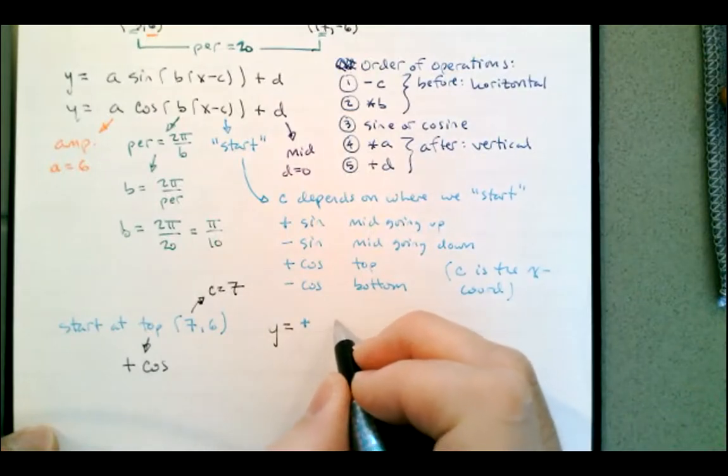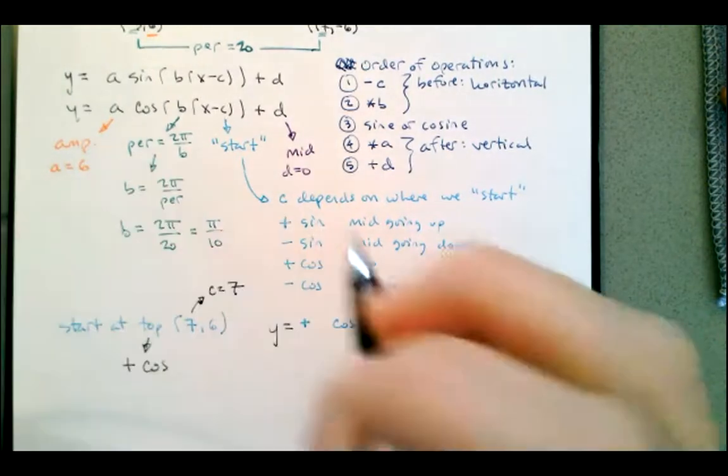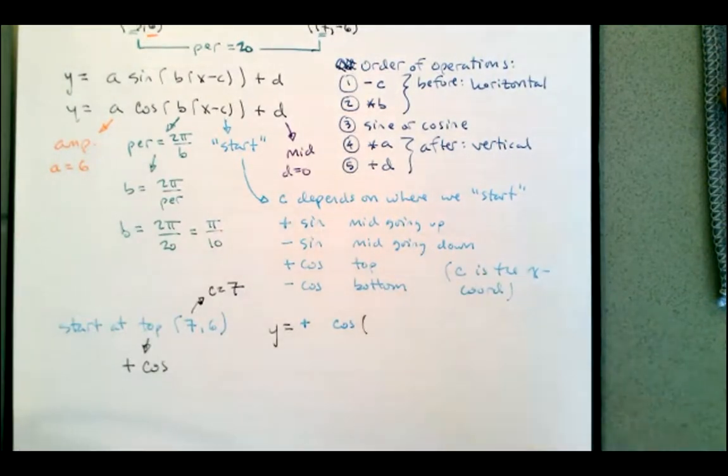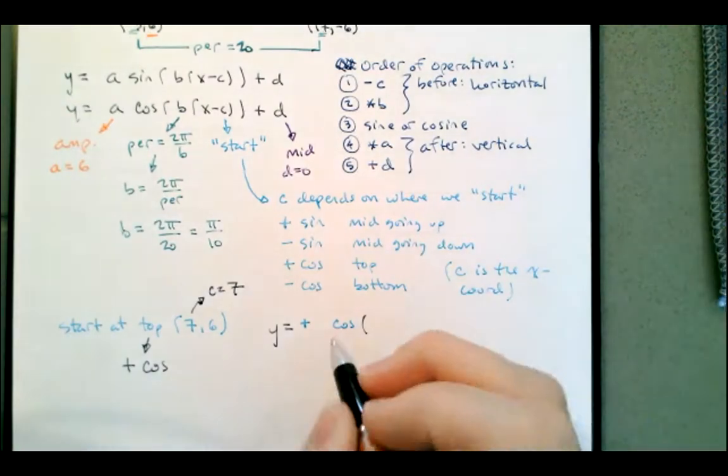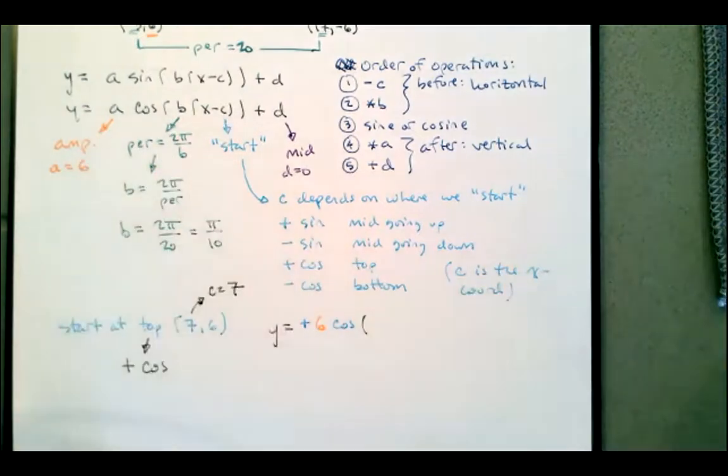A is going to go in the middle, and I'm using cosine. A is 6, so I'm going to write positive 6, because A is the coefficient of the cosine.